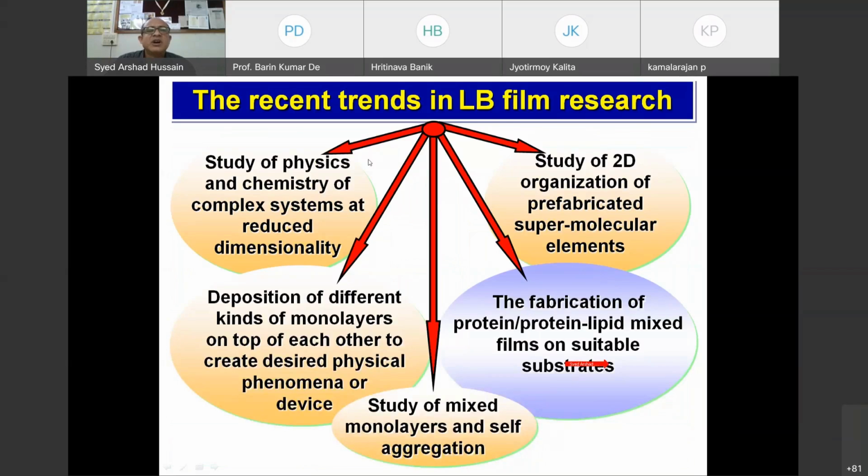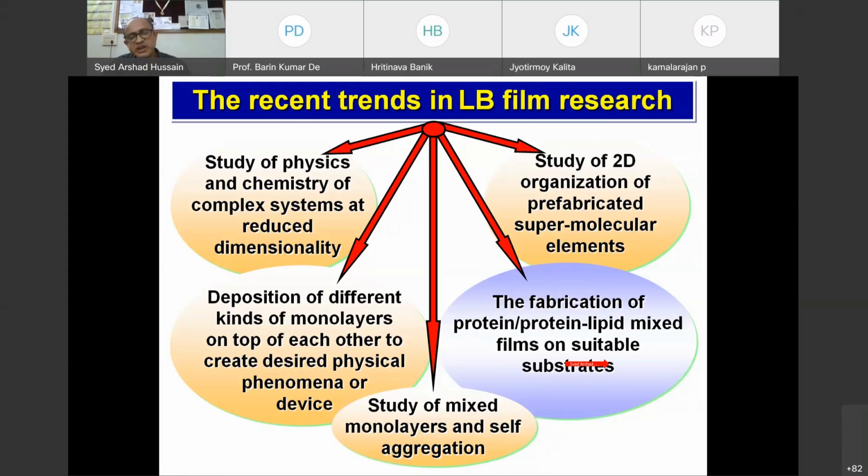And people are studying the physics and chemistry of complex systems at lower dimensions, then deposition of different kinds of monolayers on top of each other to create desired physical phenomena or devices, study of mixed molecular monolayers and self-aggregation, and then two-dimensional aggregation. They fabricate biomolecule lipid kinds of layers, because the LB technique is very important to mimic a biomembrane artificially.